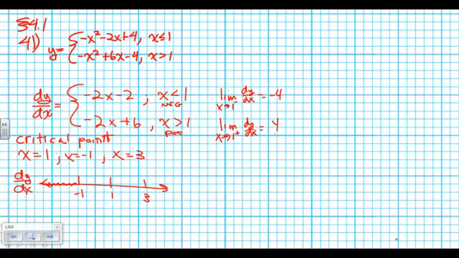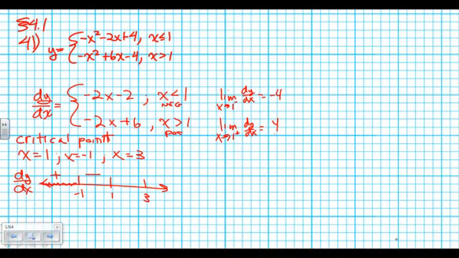If I put -10 in here, or -20, well, I get -20 times -2 is positive 40 minus 2. I say we get positive values out. How about in this interval? How about at 0? 0 is less than 1. I'm going to get a negative value.